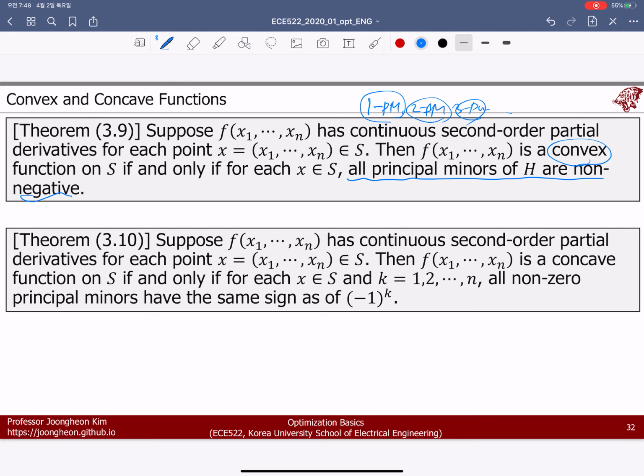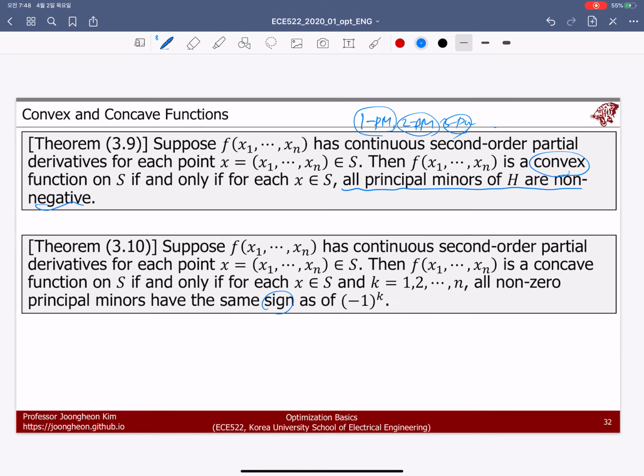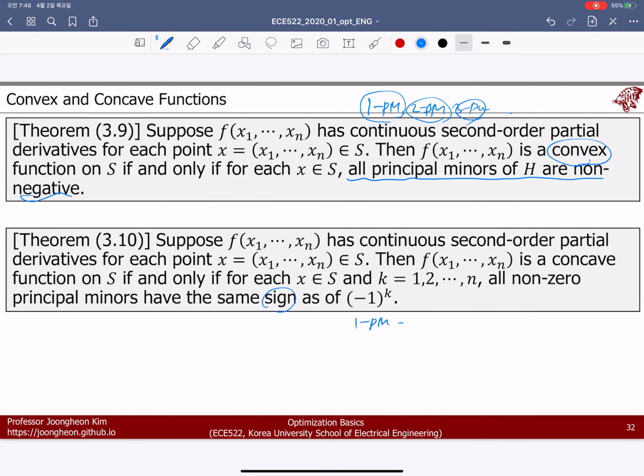And in the other case, the signs of the first principal minors are all negative, second principal minor signs are all positive, third principal minor signs are all negative, and so forth. Then we are saying that this function is concave. Okay, we should remember this one.